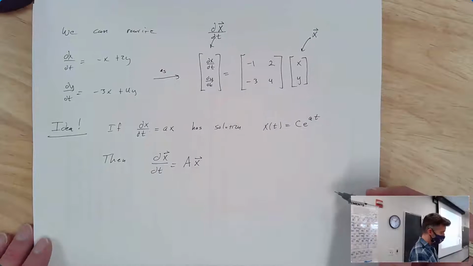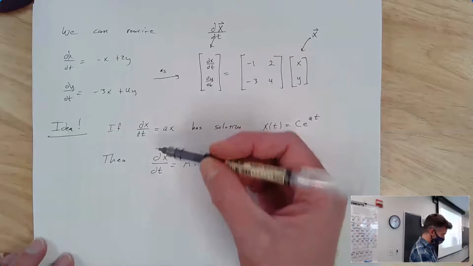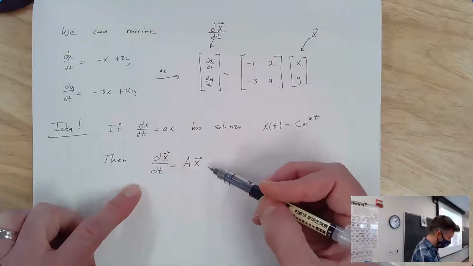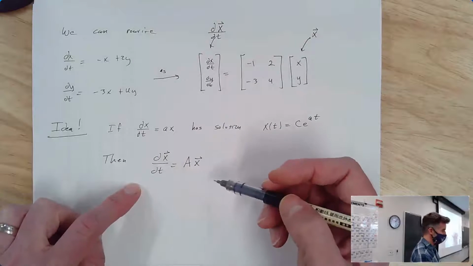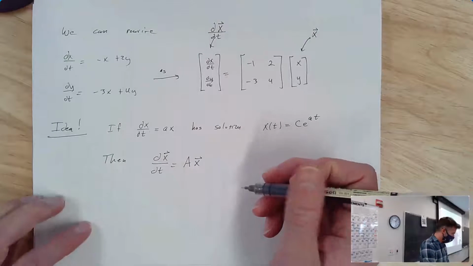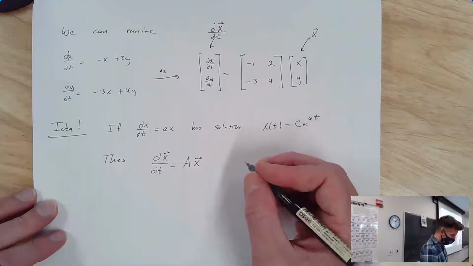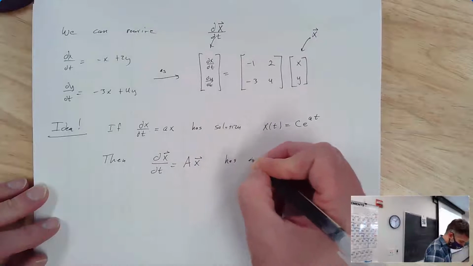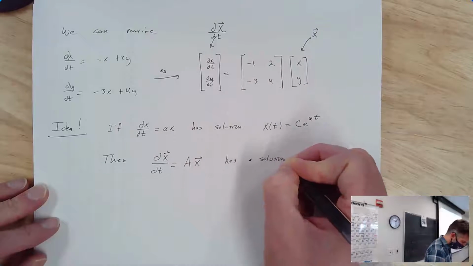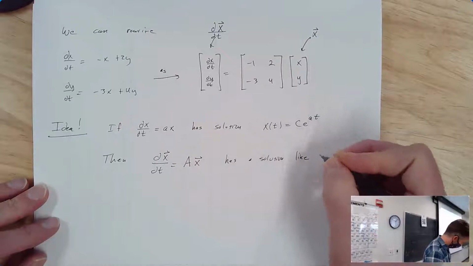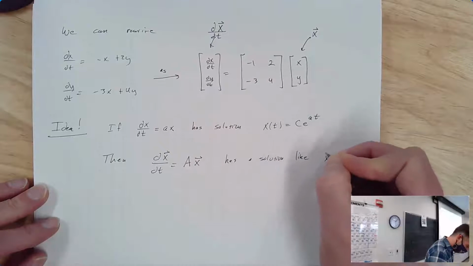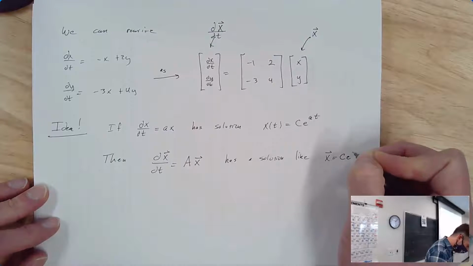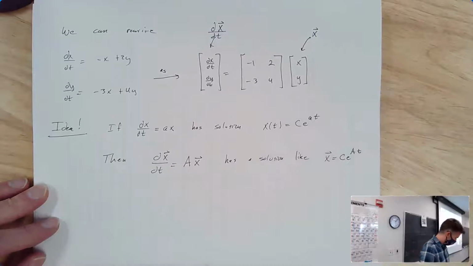It looks very much the same, pretty similar looking. And so it would be nice, it's not exactly true, but it would be nice to say that this has a solution like, although not actually, x bar equal to c e to the at.